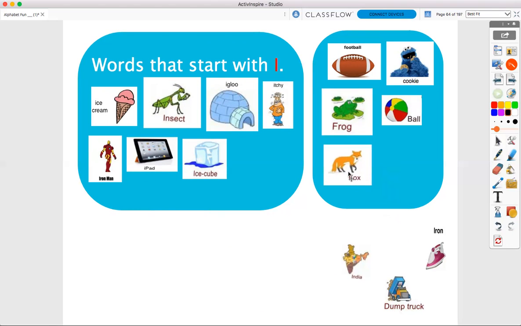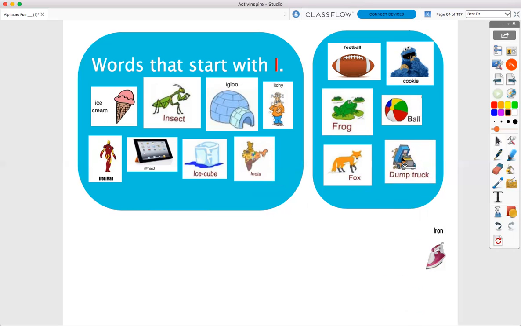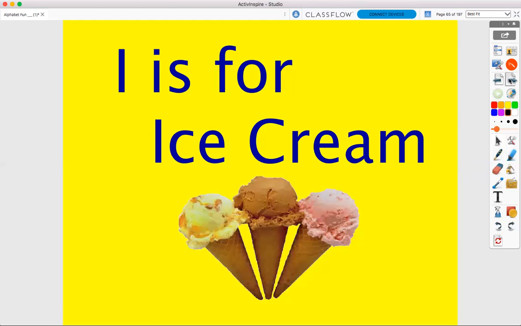Fox does not start with I. India, India starts with I. Does dump truck start with I? No. What about iron? Iron starts with I. Great job finding words that start with I. Great work talking about the letter I.